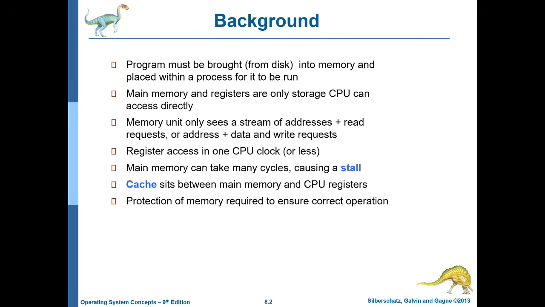Now for a CPU, it can only access registers and main memory. Now for main memory, it has only the information about addresses.